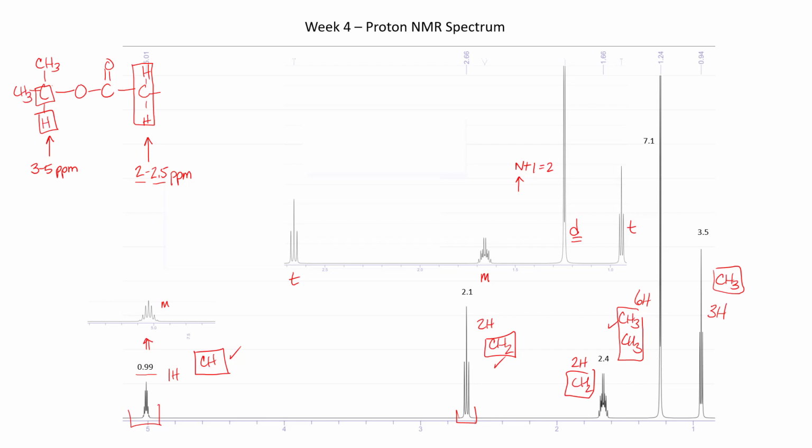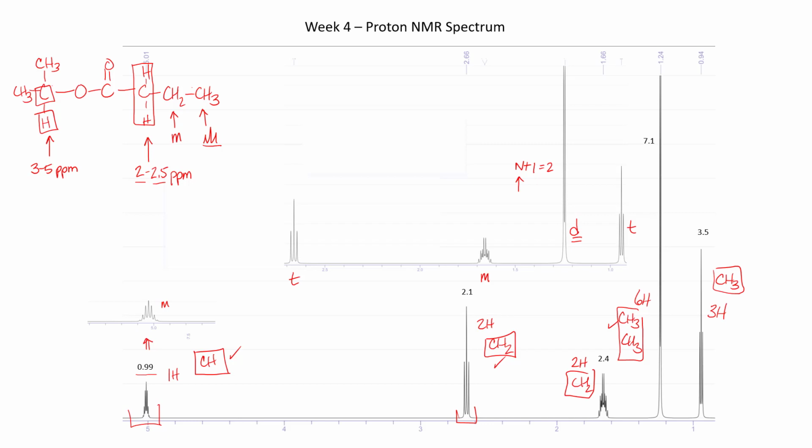So we've taken care of those two, and then what's left over is a CH2, CH3 group. This CH2 is in between a CH2 and a CH3. That means it would be a multiplet. This CH3 is next to a CH2, which means it should be a triplet, and that's exactly what it is. So this is isopropyl butyrate.